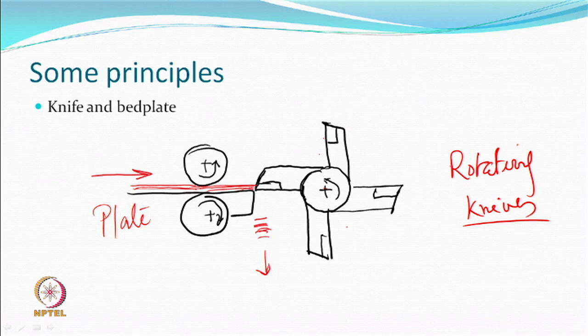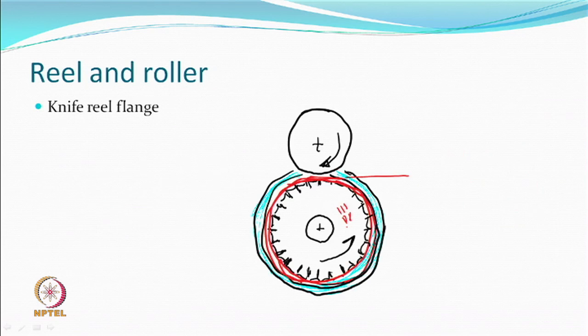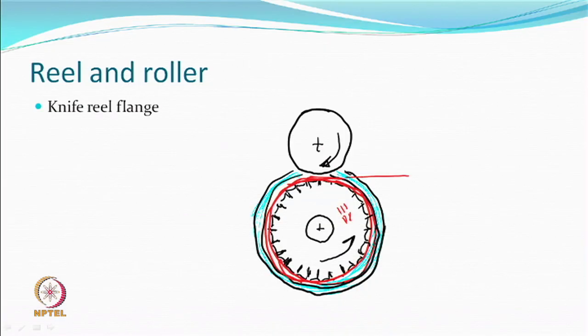Whatever happens is the cutting. The other principle is the knife reel flange. So you have a drum type of thing with blades like knives protruding out all over, right? So you can rotate this. So these are sharp knives on a flange arranged in this manner.